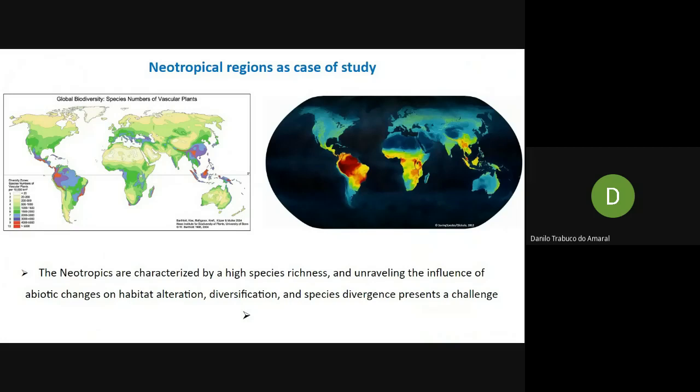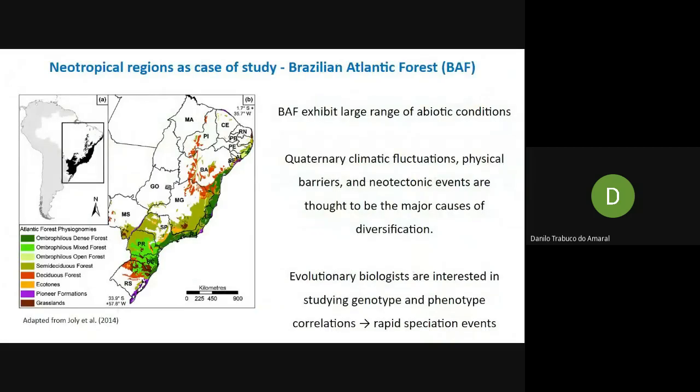So based on that, we bring to you a very interesting neotropical region, the Brazilian Atlantic forest, which has a large range of abiotic conditions. As you can see in this picture, it displays several distinct physiognomies across the distribution, from the south of Brazil to the northeast of Brazil.